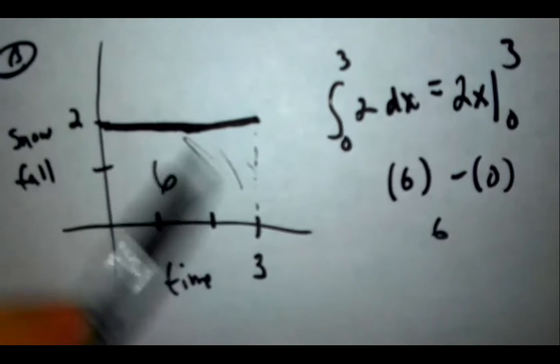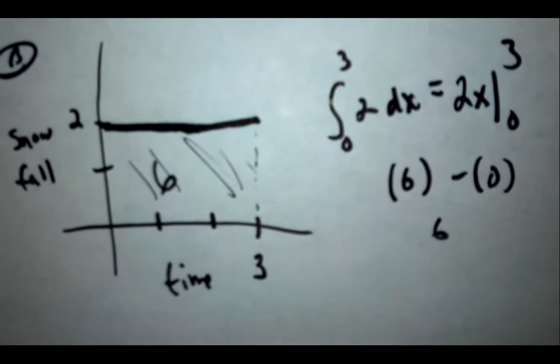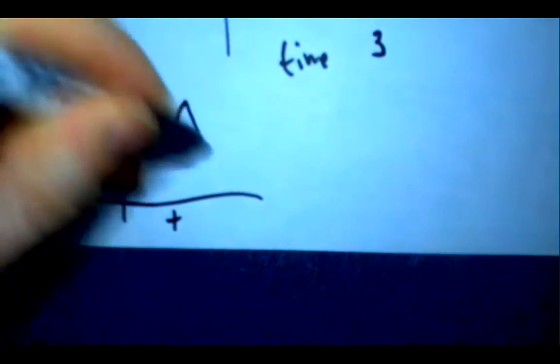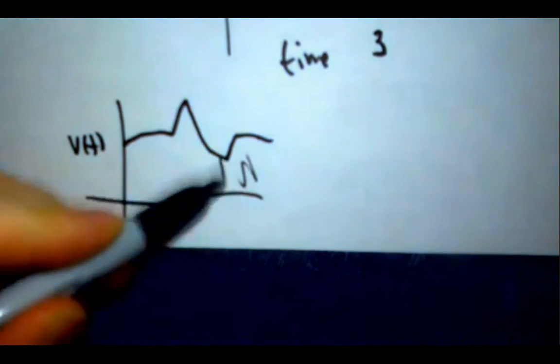So moral of the story: the area under the curve stands for a total amount of something. Total amount of snowfall, total amount of water. If it's velocity, that's a special one. If it's v of t, when you integrate the velocity, that stands for distance traveled.